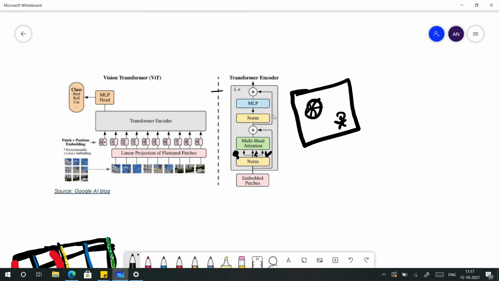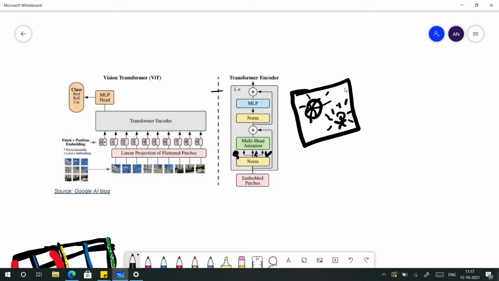Using transformers in vision, the vision transformer tends to learn the association of elements in an image. So it gets to know there's a ball here and there's a person here. It is going to learn the association between each element in the same image.